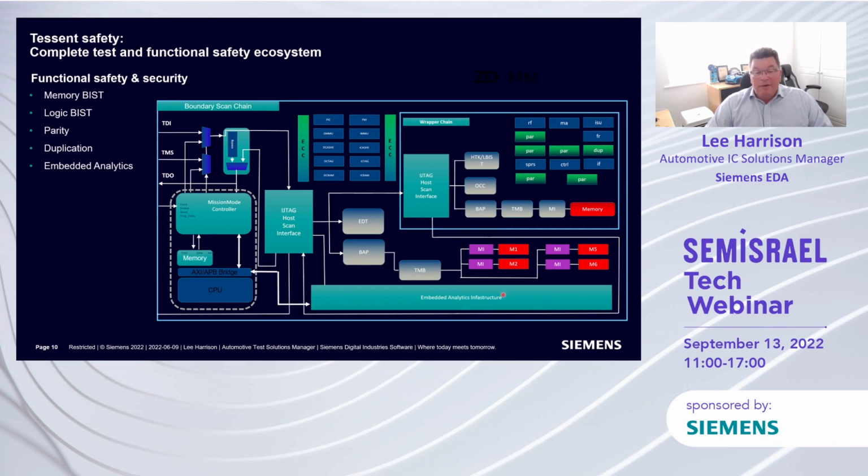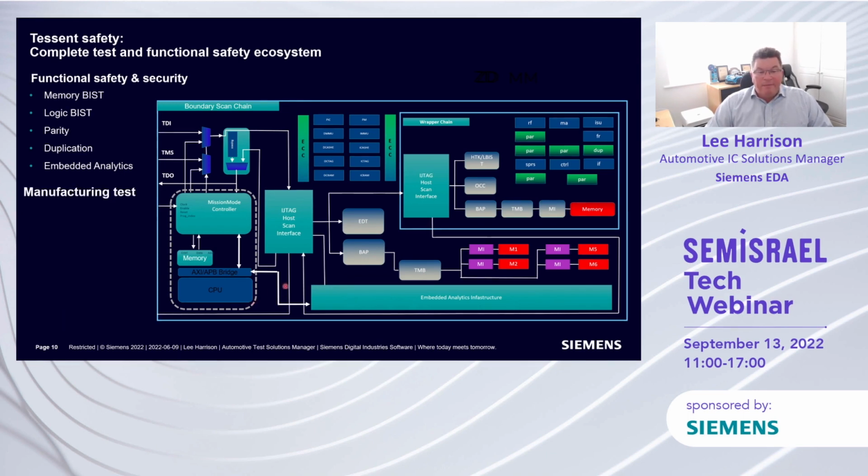I also included in here the embedded analytics infrastructure. So this is really a separate monitoring architecture that sits alongside the functional and the test infrastructure with the ability to be able to detect, as I said, those functional anomalies as they occur in the device.